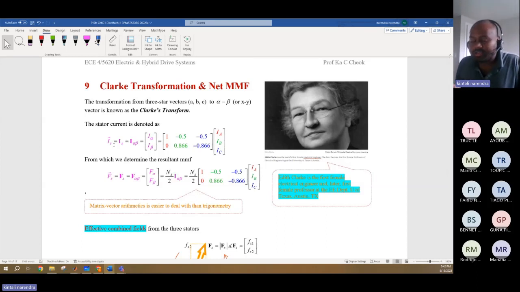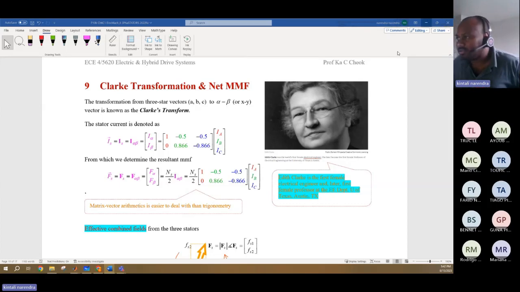IS is the one which determines the direction, or the resultant magnetic field of your stator. That's why it's now called stator IS. Yes, IS cap. Because it is a vector, it changes, right? That's why it is IS cap.